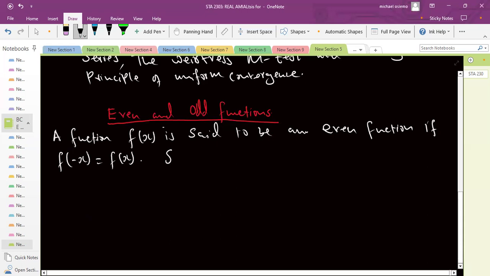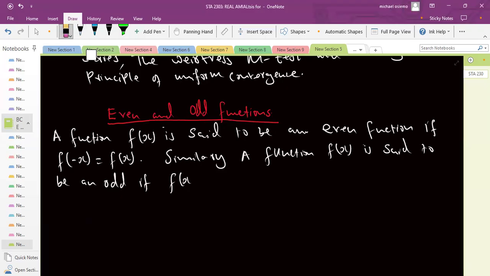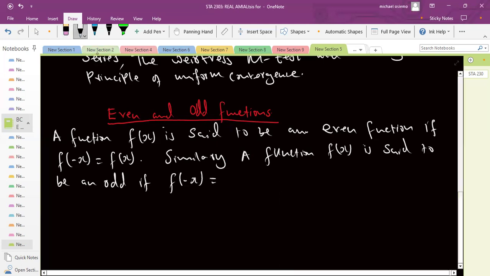Similarly, a function f of x is said to be an odd function if f at negative x is equal to negative f of x.